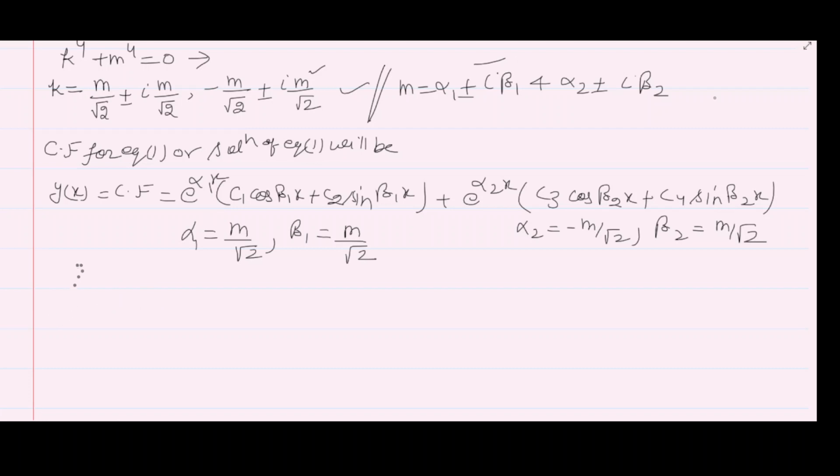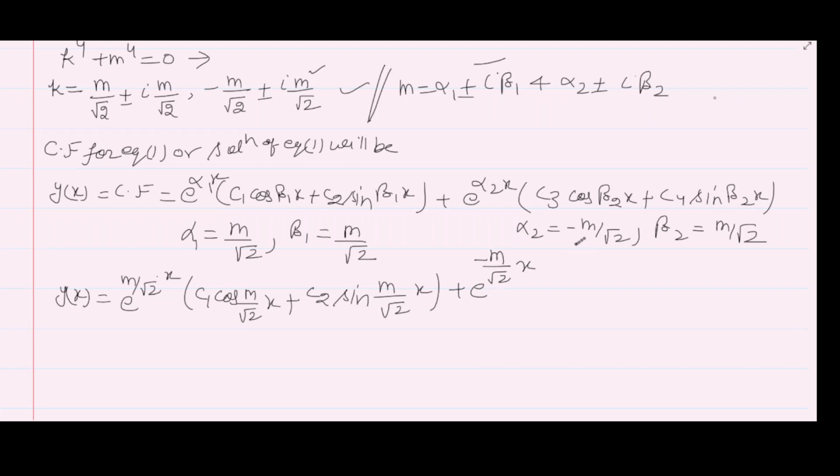So the final solution will be y(x) equals e to the power m upon root 2 into x, (c1 cos(m upon root 2 x) plus c2 sin(m upon root 2 x)), plus e to the power minus m upon root 2 x, because here the value of alpha 2 is minus m upon root 2.